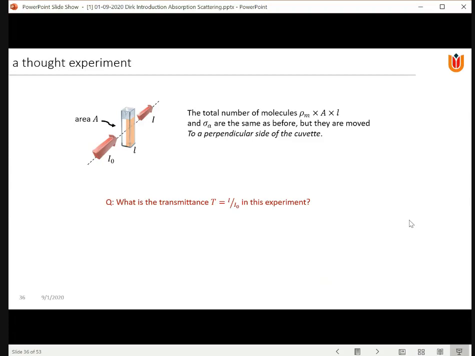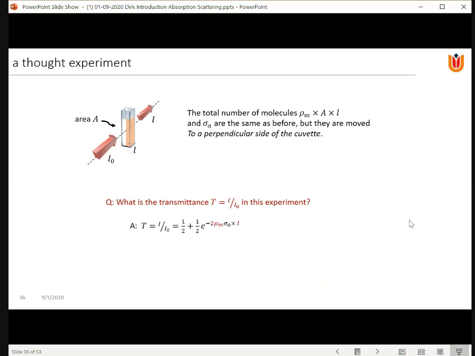What we will basically see is that half of the beam does not see any absorbers, so that is just passed through. So on the outside there is a factor half I0 for the light that has not interacted at all, and then the other half of I0 does interact with the molecules which are now on that side.